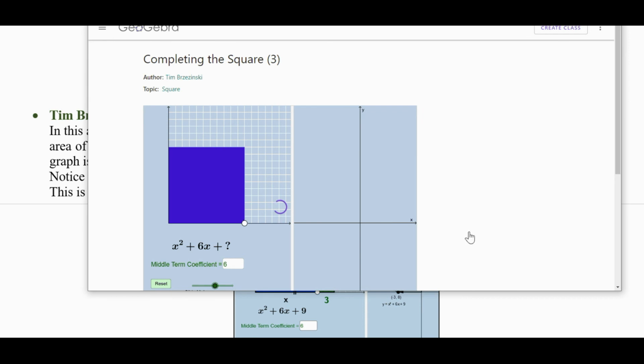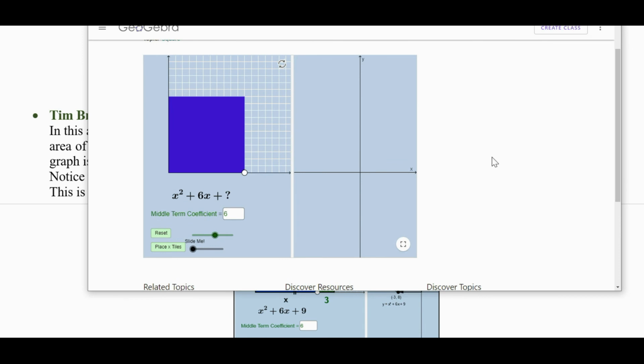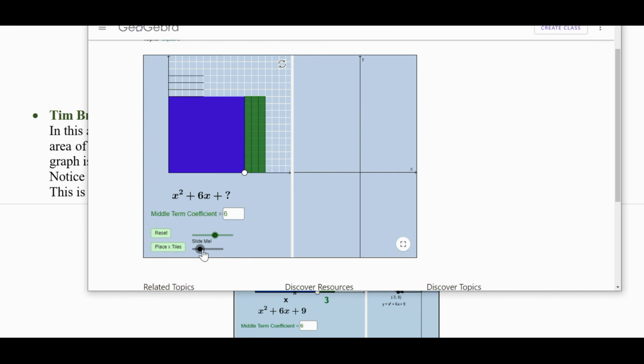It's going to show how this goes to a graph, and it's going to show a little bit of the work here. So if we start sliding this, let's see what we're going to do. We're going to take half of the 6x, put 3 of the x's here and 3 of the x's up here. So there's the 3, there's x, there's 3. And so this is going to be 3 squared right there, which is 9.